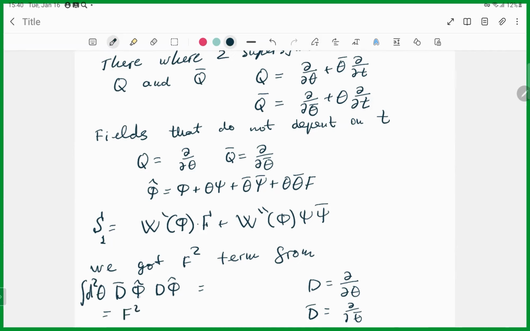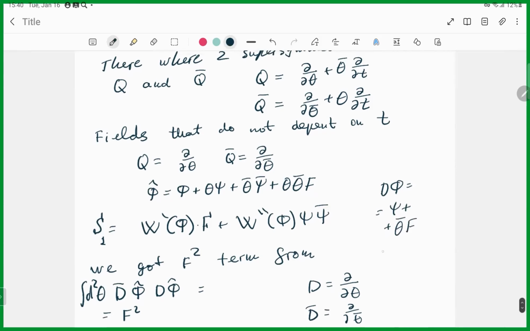It is because, say, d phi is psi plus theta bar f. Similarly, d bar phi is psi bar plus theta f. And in order to get to theta, we need to extract f terms. Okay, good.